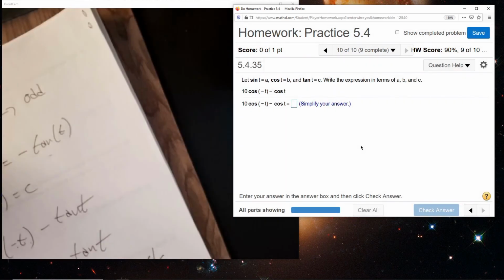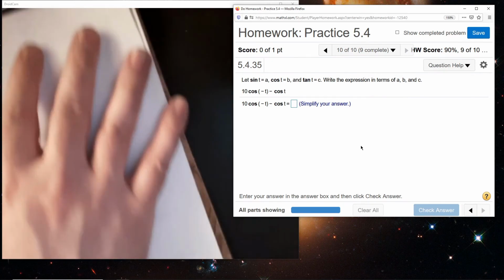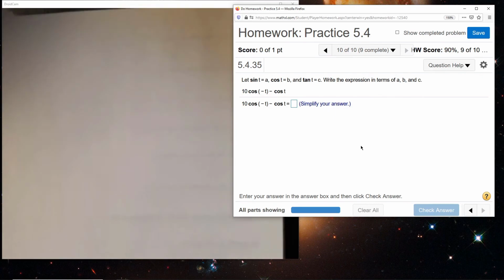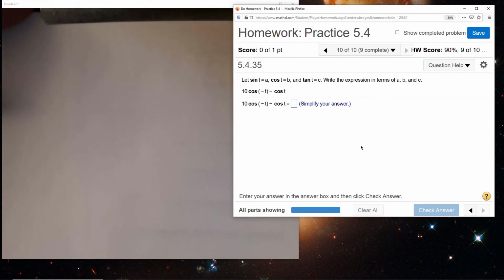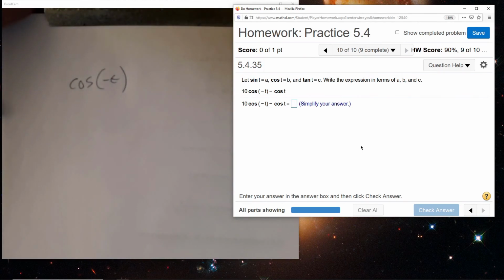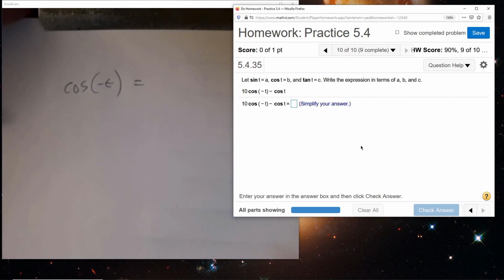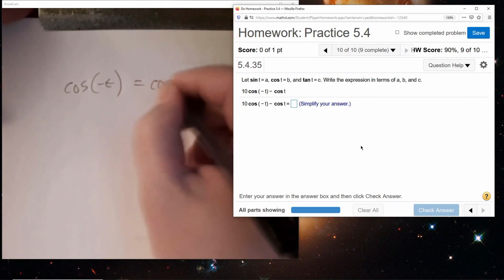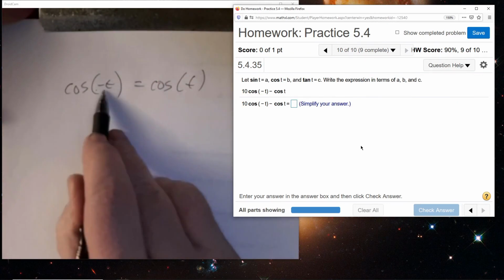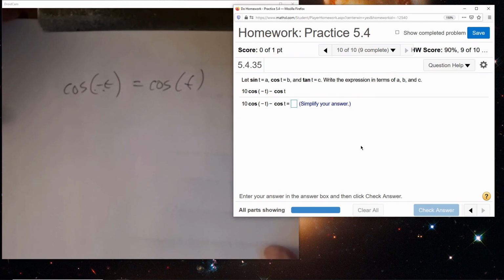And the last one, another one of these equation ones. I like these because there's just a little quick test of even and odd functions. So if we look in our equation, we have cosine of minus t. Now, cosine is an even function. Even functions mean the negative input is the same as the positive input. That's the definition of an even function.